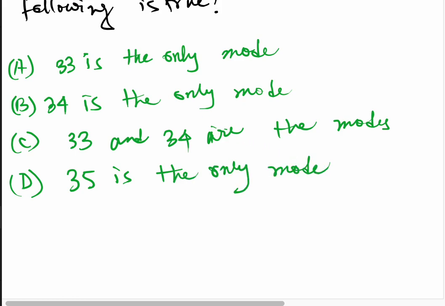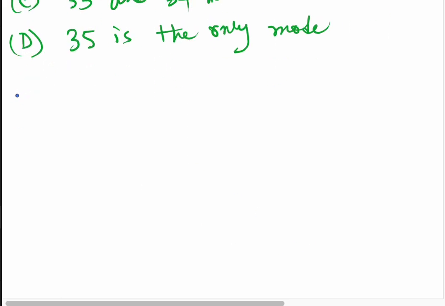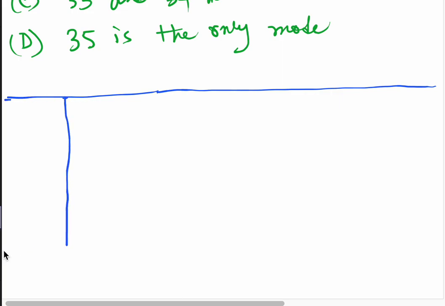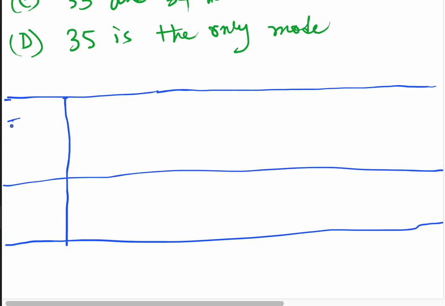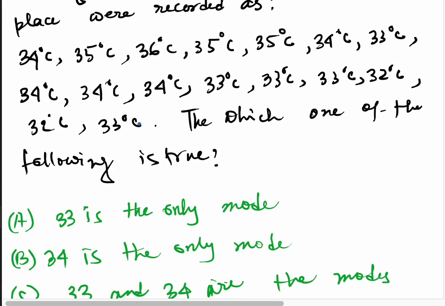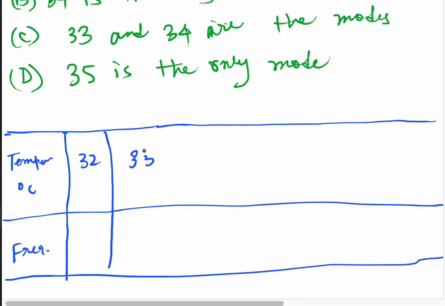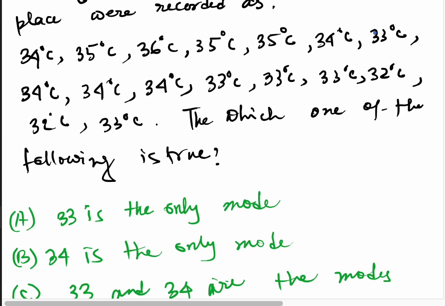So let us first make a table: temperature in degree centigrade, and frequency. The temperatures are 32, 33, 34, 35 and 36.